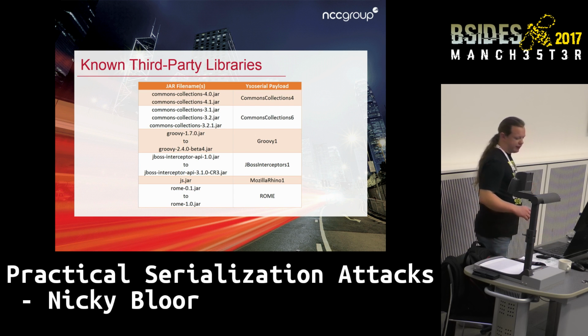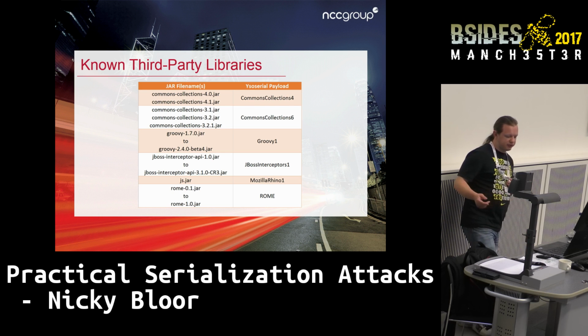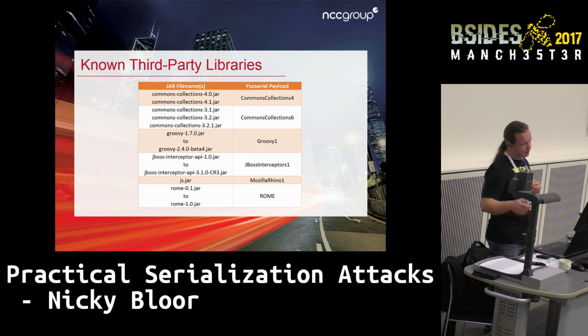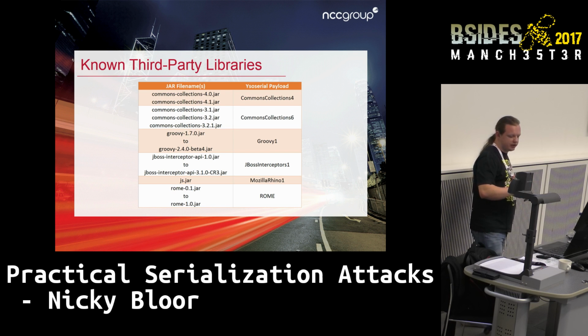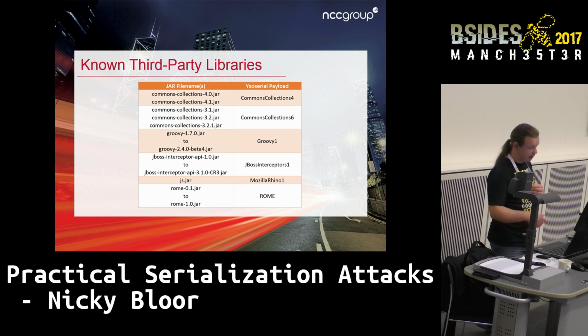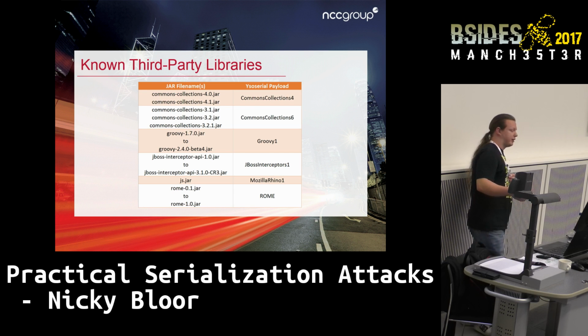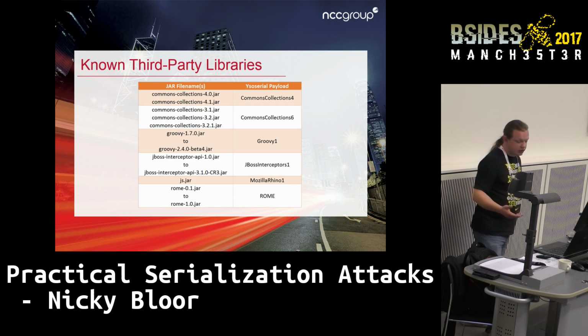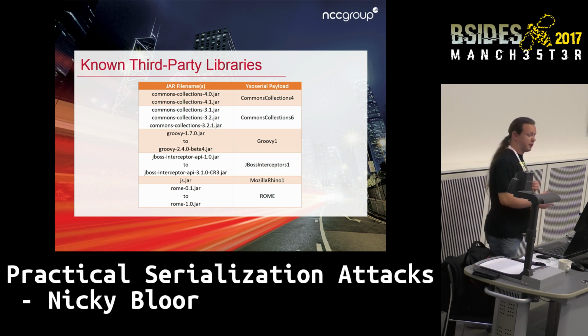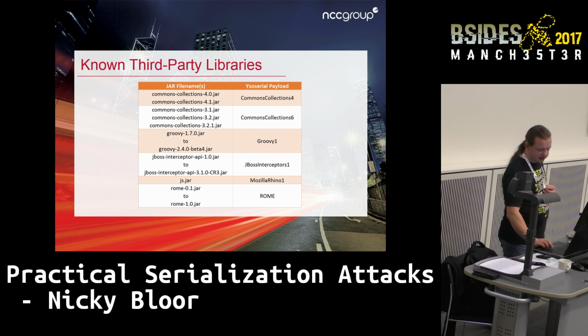There are some overlaps in ysoserial payloads. For example, there's a CommonsBeanutils payload that relies on an outdated commons-collections library in order to get command execution. So we might as well just use the commons-collections payload in that case.